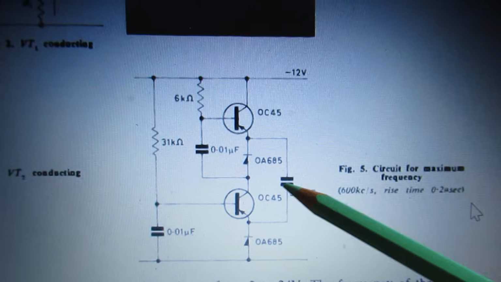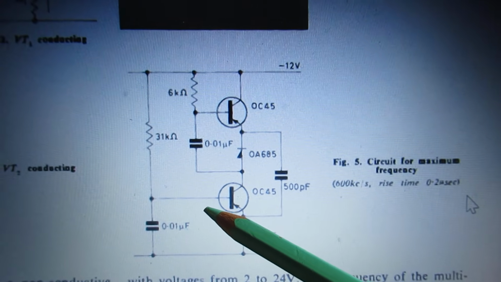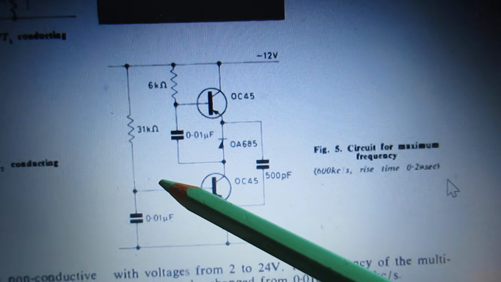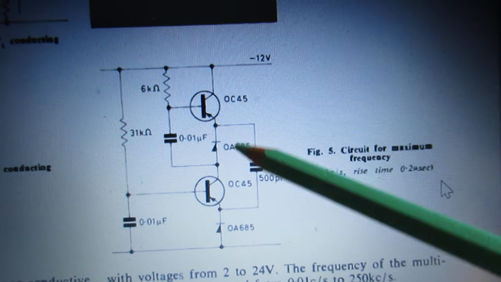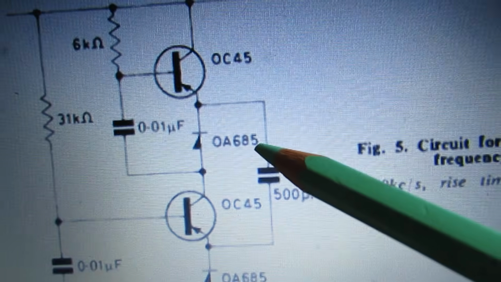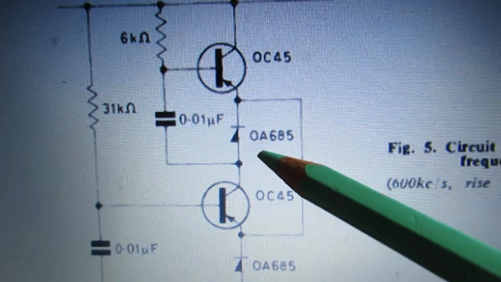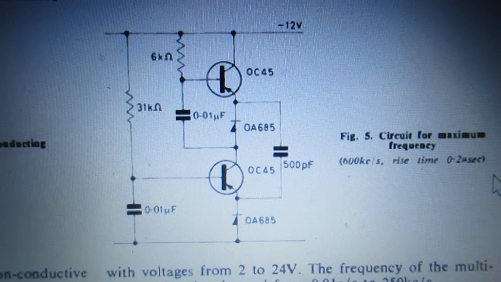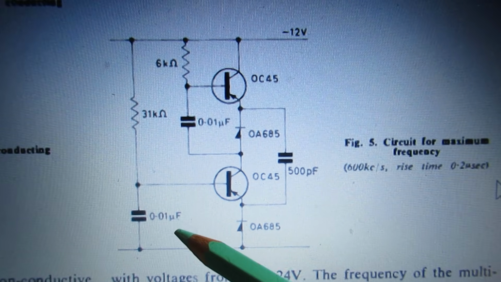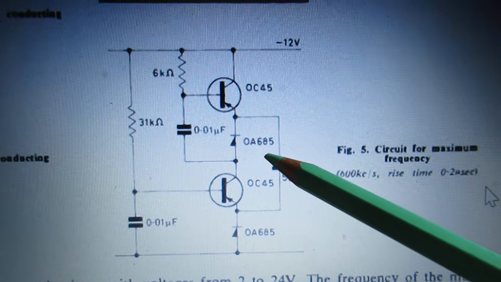When you want to change such a circuit to a modern circuit, you can use silicium transistors, silicium diodes here. So OR, that is a germanium diode, I've replaced with modern silicium diodes, and of course you can change the capacitor values here.